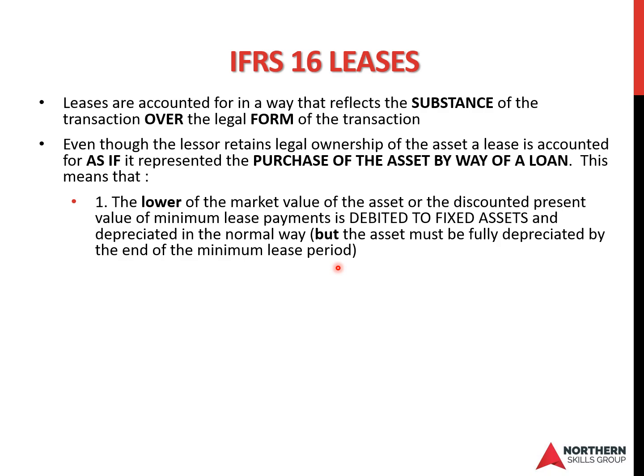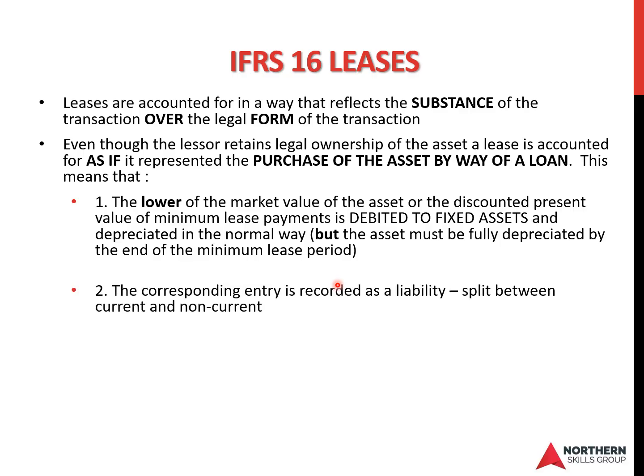The shorter of the life of the asset or the minimum lease period determines the rate of depreciation. And when we've debited that amount to non-current assets, then we've got a corresponding liability, and that's then split between current and non-current liabilities in the normal way, showing what's going to be repaid in the following 12 months and thereafter.